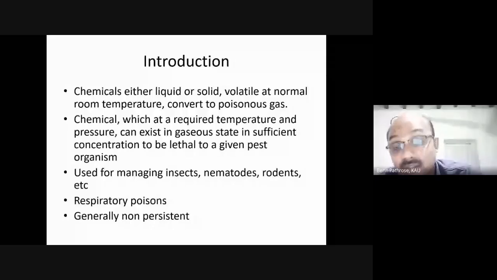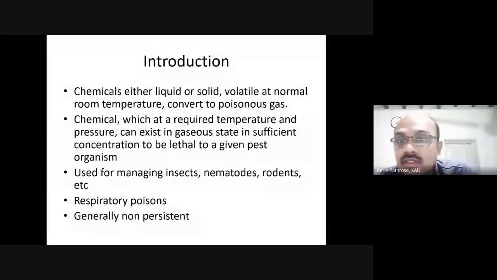It's not only used for managing insects, it is also used for managing pathogens, including soil fungi. Those of you from pathology may have studied fumigation of soil to ward off soil pathogens. So it is used in management of diseases, insects, nematodes, rodents, etc.